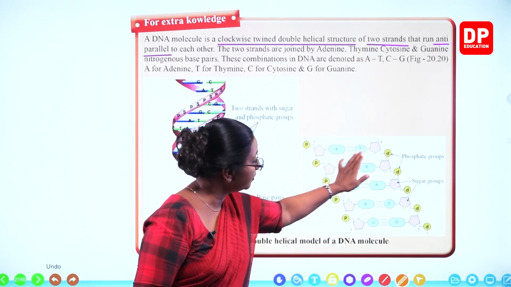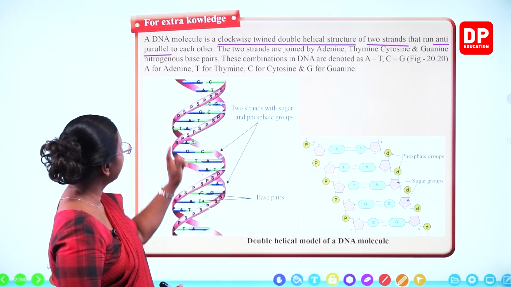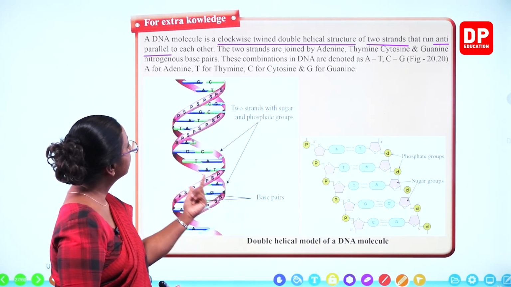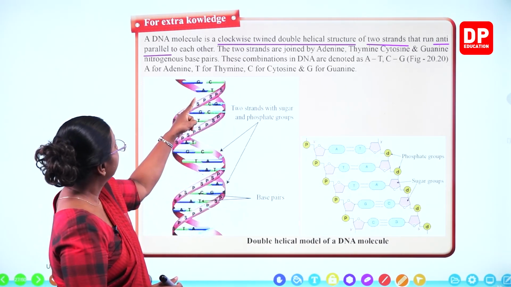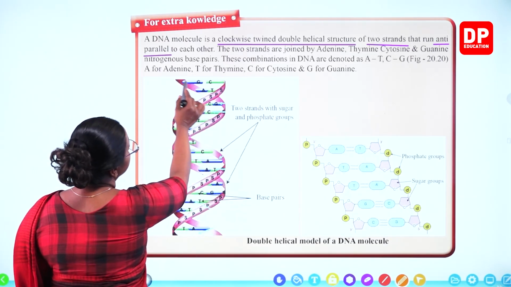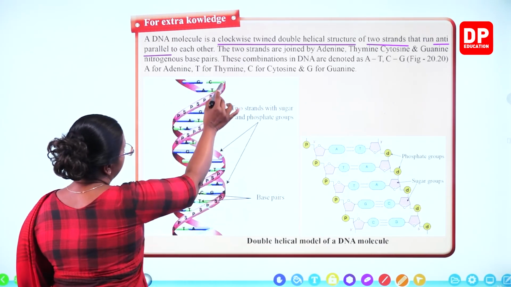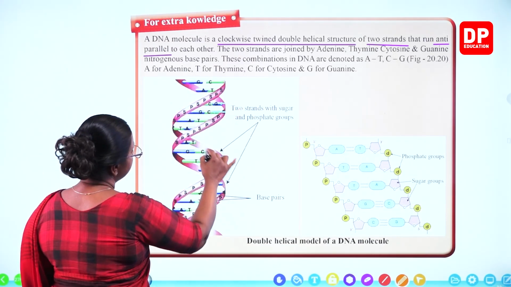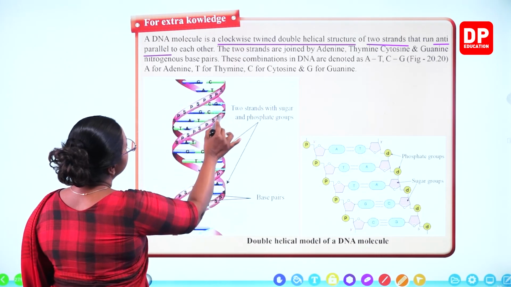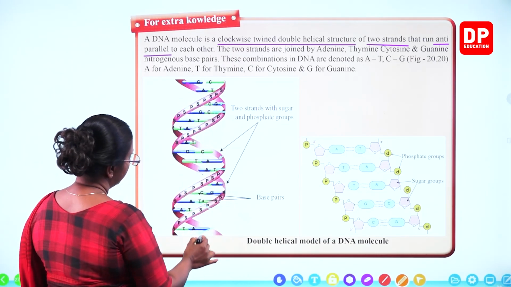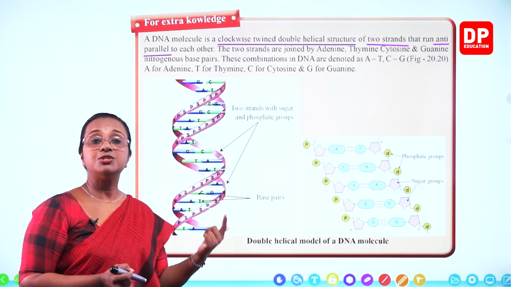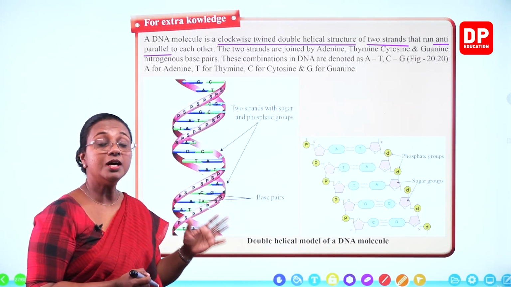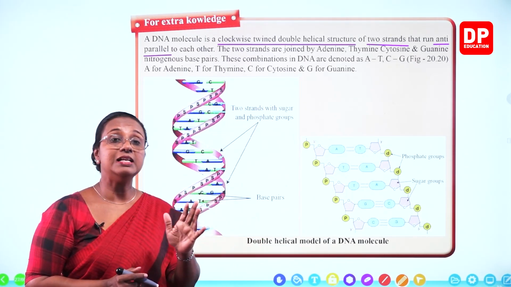After the two strands combine like that, here you can see the clockwise helical structure. This is one strand, and this is another strand. They are intertwined together into a clockwise helical structure.